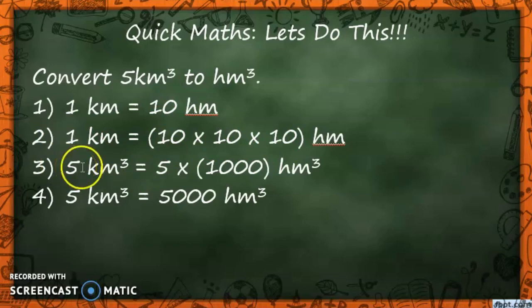So moving back to 5 kilometer cube, we have to multiply 5 times our metric conversion that we did before. Knowing that our metric conversion is 10 times 10 times 10, we multiply the 5 by it, which will give us 5,000. So 5 kilometer cube is equal to 5,000 hectometer cube. Very simple. Alright, quick maths.